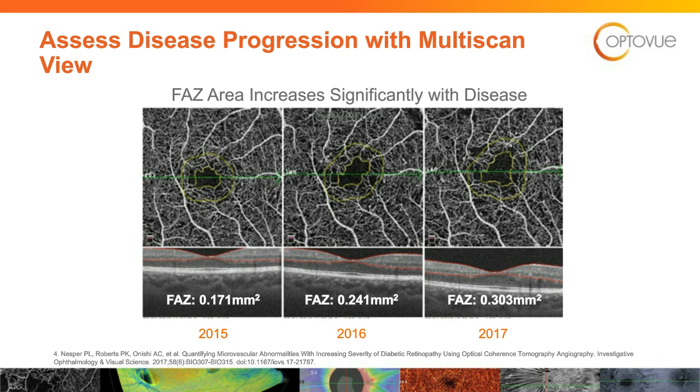If patients are under the age of 60, we tend to get a lot of good scans without dilation. Not all of them, but a lot. If they're over the age of 60, typically we're looking at a dilation at that point in time. So that's how we typically do that.